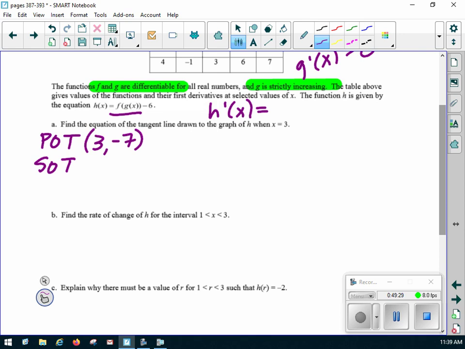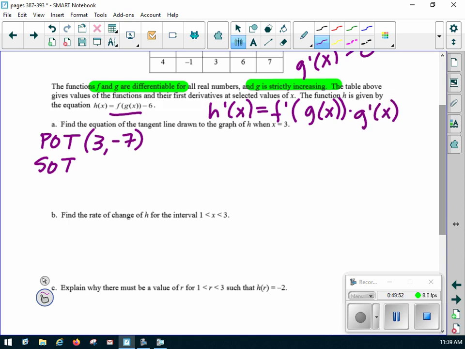How do you take the derivative of a composition? The derivative of the outside. So it's f prime of, remember you haven't eaten the inside yet, times the derivative of the inside.